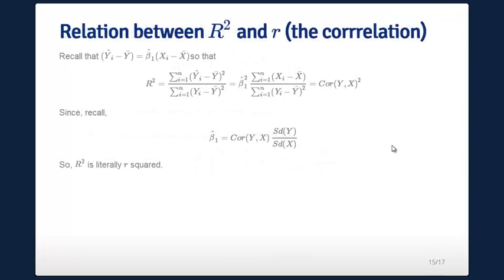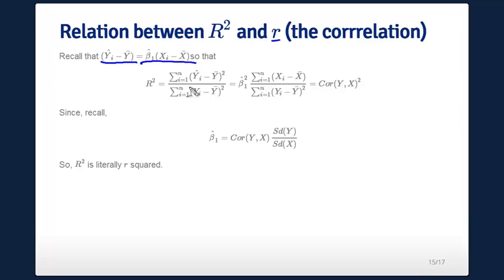So-called R squared. Very briefly, I want to talk about the relationship between R squared and r, which is the empirical correlation between the x's and the y's. Recall that yi hat minus y bar from 2 slides ago is equal to this guy.